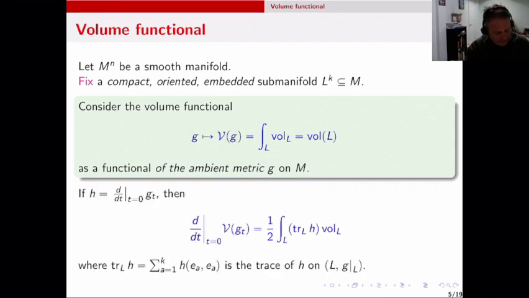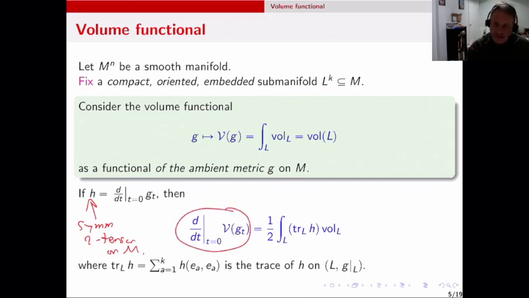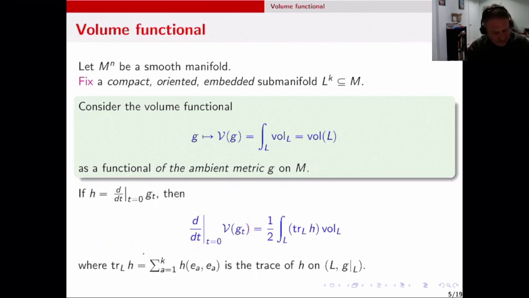So if we have a path of Riemannian metrics upstairs in the ambient space with initial velocity at time 0 equal to h, which is just some symmetric 2-tensor on M, then it's easy to compute the first variation of this functional at time 0 for this path. If you do the calculation, you get that it's equal to the integral over L of 1/2 times the trace on L of h.